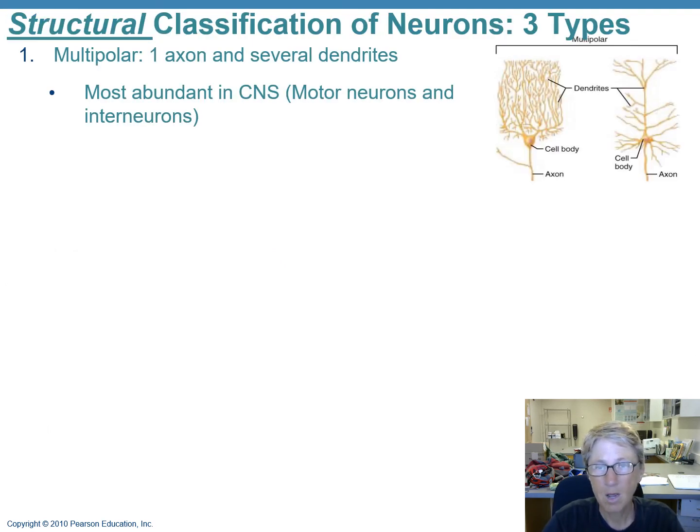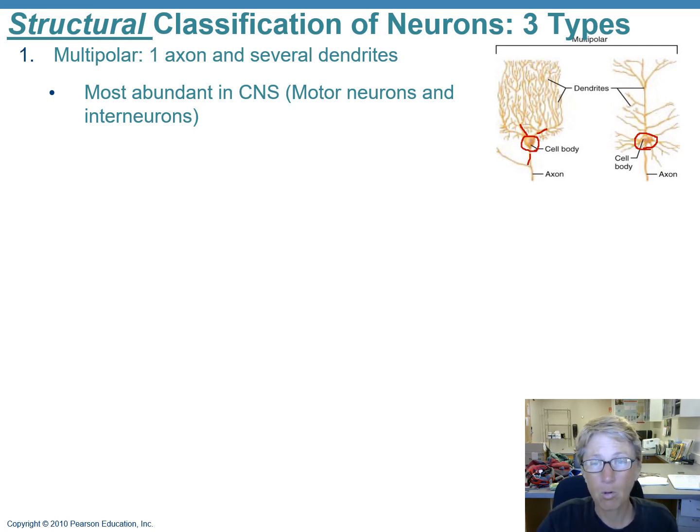So there's 3 types of neurons. The first one is a multipolar type. Let's check it out. Here's a cell body, and then it's got a pole here, it's got a pole here. Here's another neuron. Look at its shape. Here's its cell body. It's got a lot of dendrites on it.